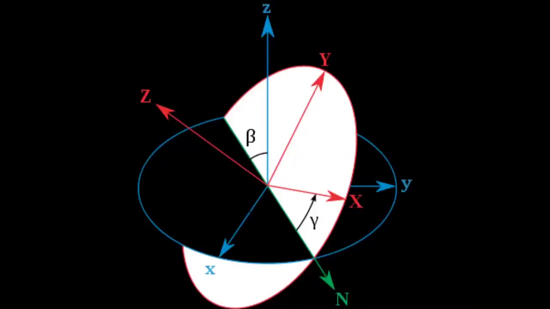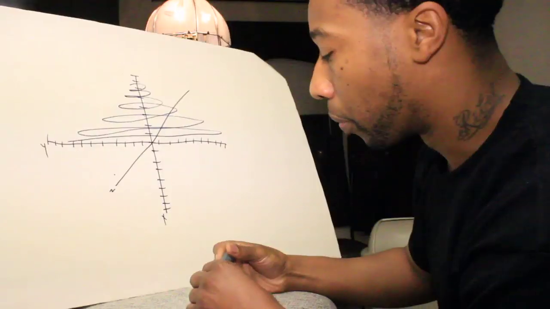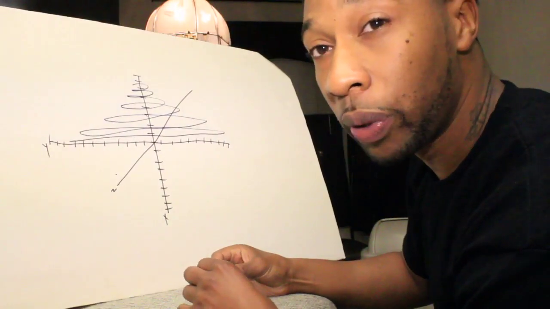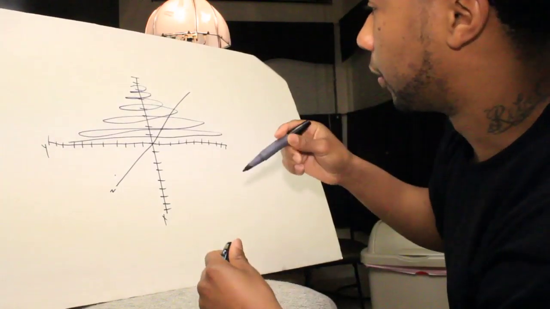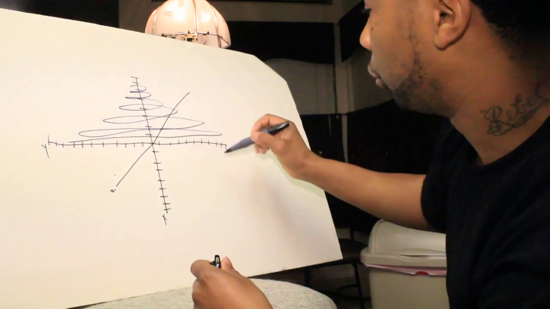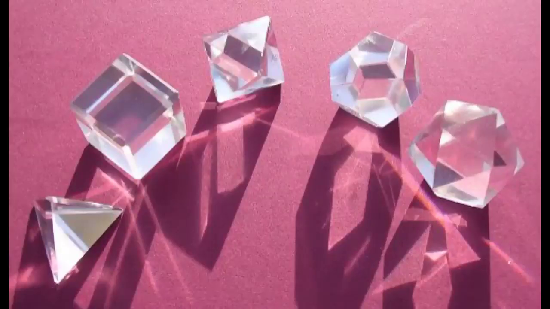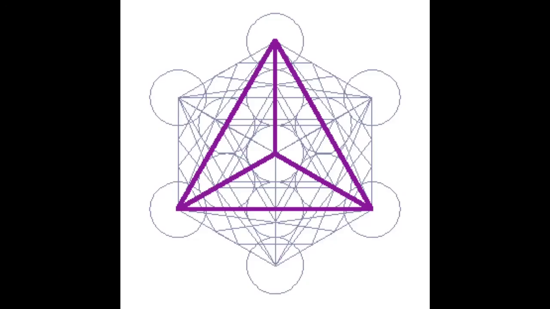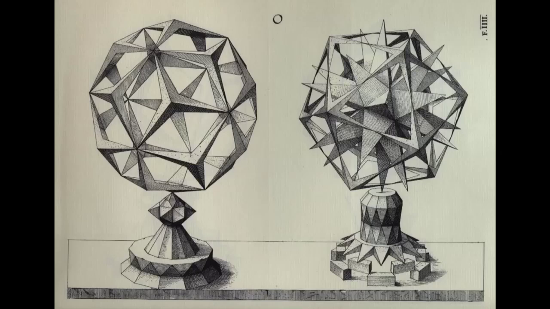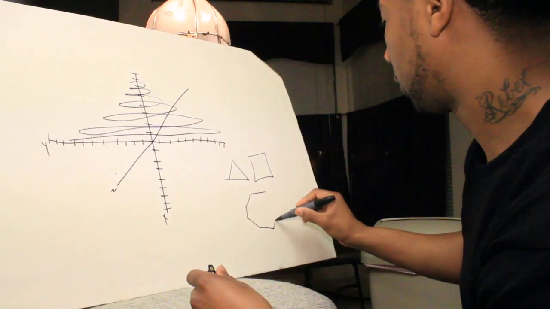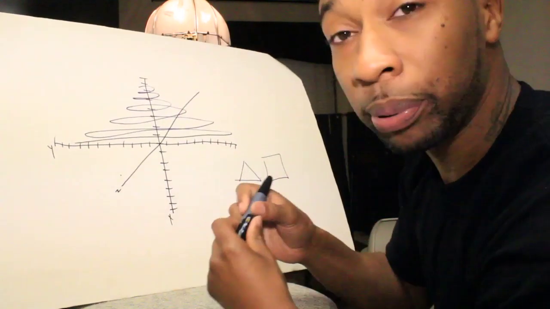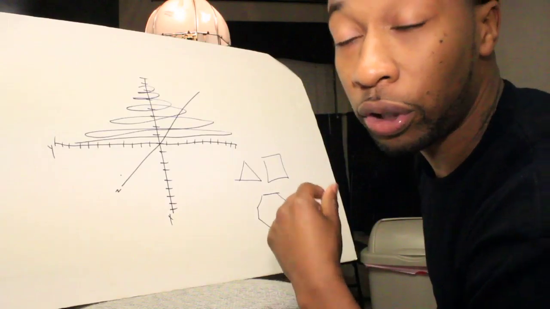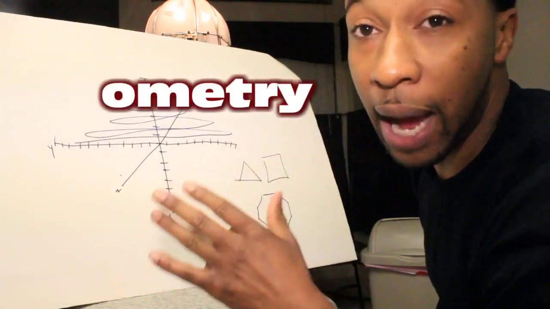Okay. All right. So what I kind of wanted to touch on, just real quick, that I left out, is the fact that you can use different patterns to overlay on top of this. Those are called the Platonic Solids, or sacred geometry.